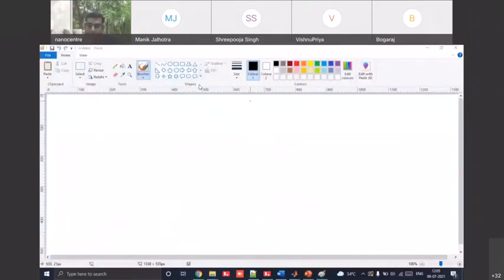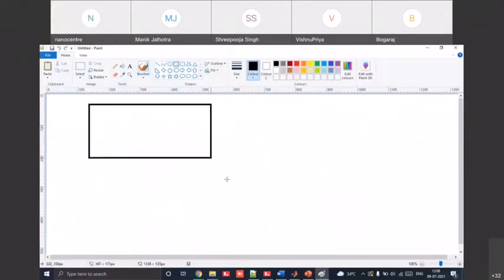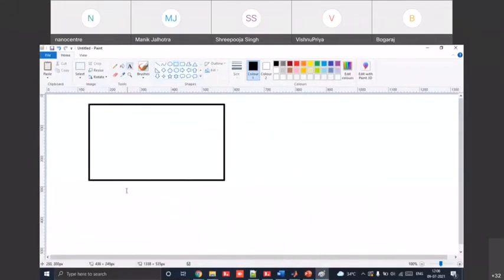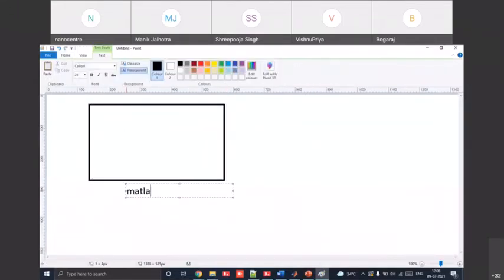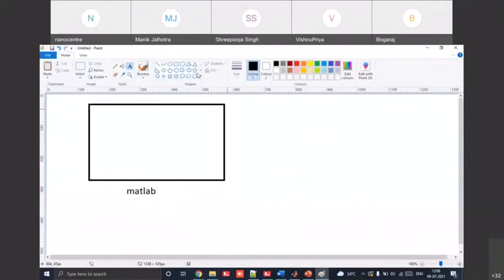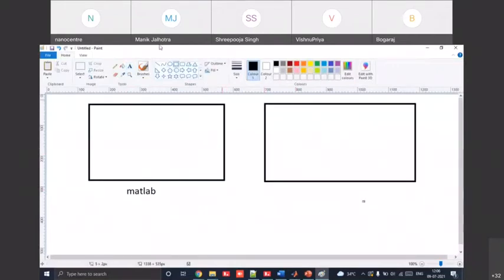Thanks. Now, what I'm trying to show is the main thing we do. This is our MATLAB, where we have developed our model, and this is where we have our simulator.